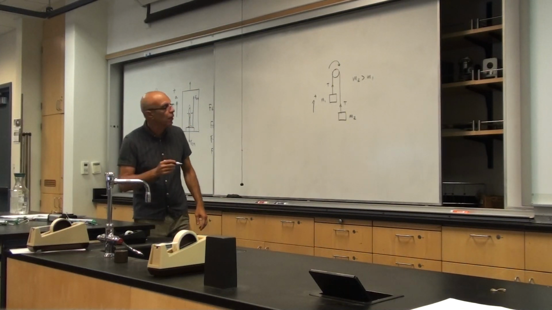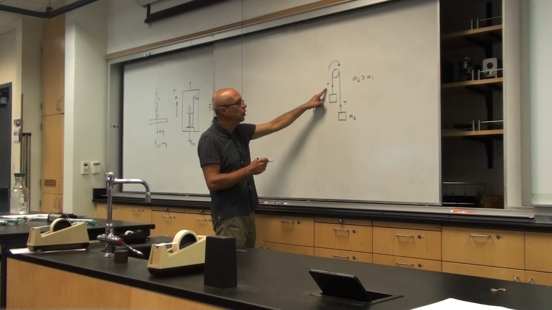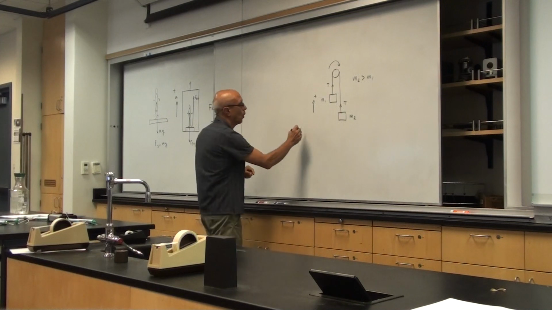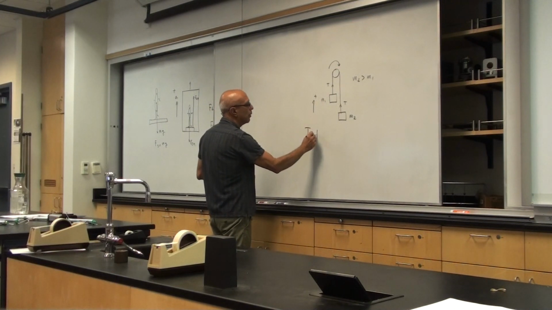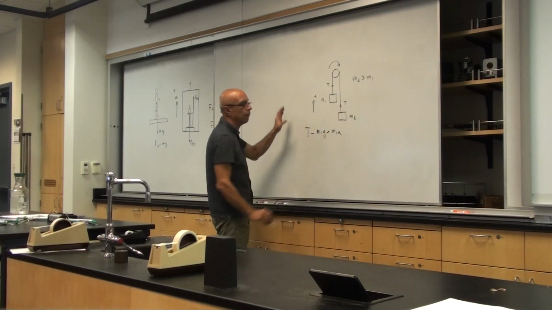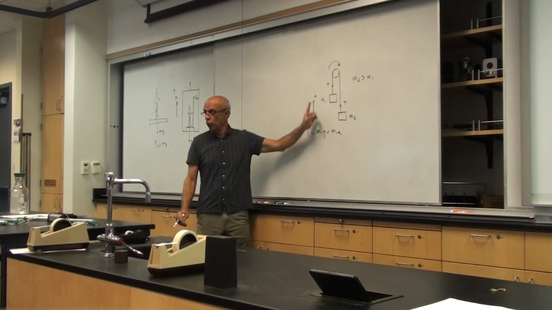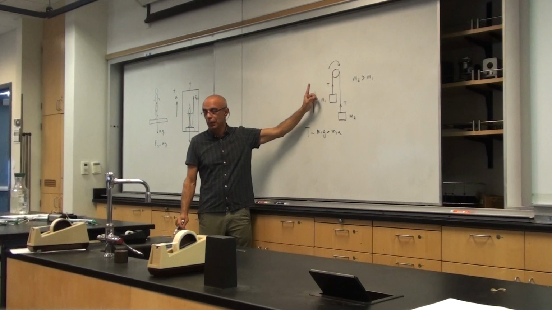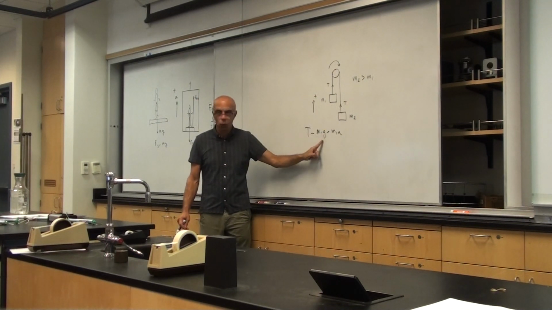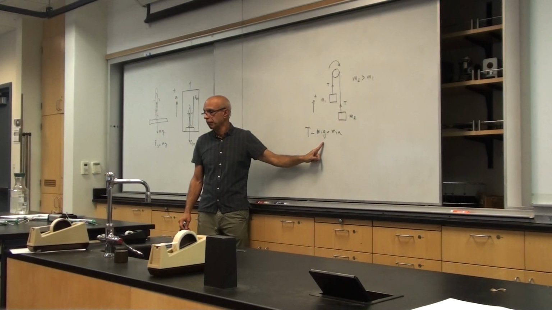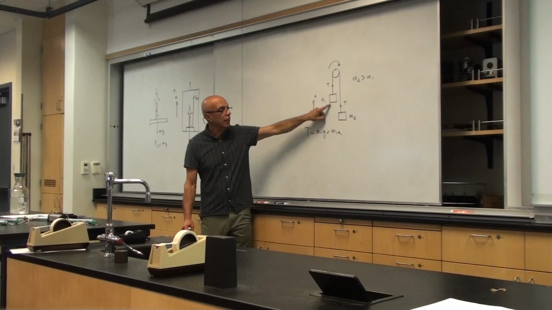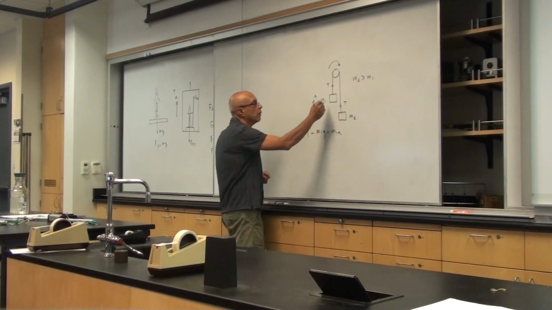T minus M1g is going to be equal to M1a. Okay, because this is moving up, it's being accelerated, right? So T has to be greater than M1g. Okay? So this is looking at mass 1.